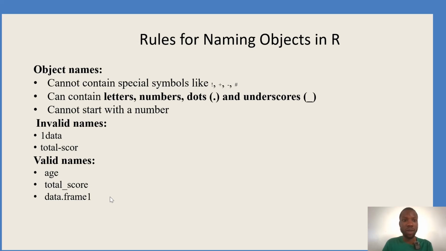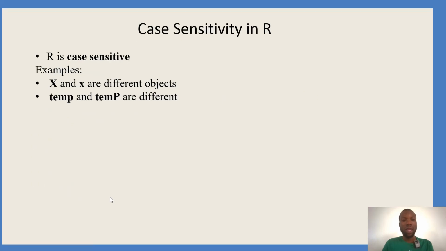Another thing is case sensitivity. R is case sensitive. For example, if you generate an object called a in small letter, and then later you use A as a capital letter, R is not going to accept it. That's what we call case sensitive. If we say a in small letter, make sure you continue to use a in small letter.